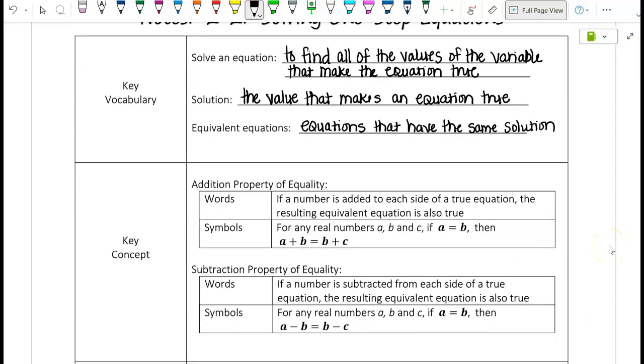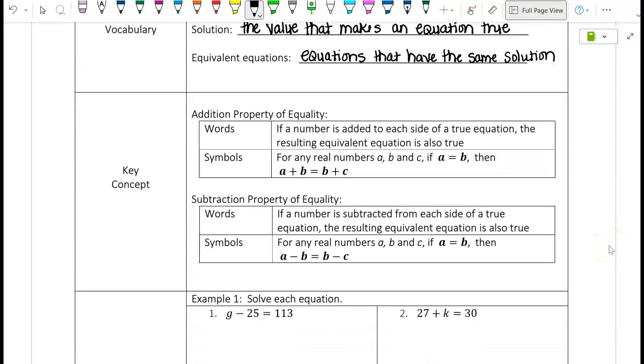Now, today we're only going to look at one part of solving one-step equations. We're going to look at the addition property of equality and the subtraction property of equality.